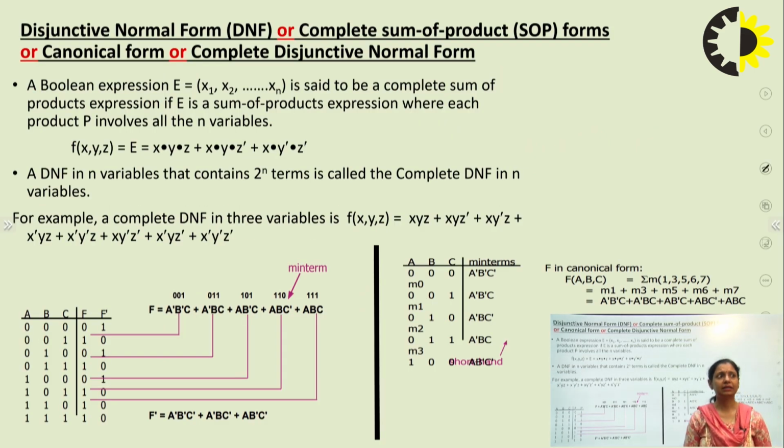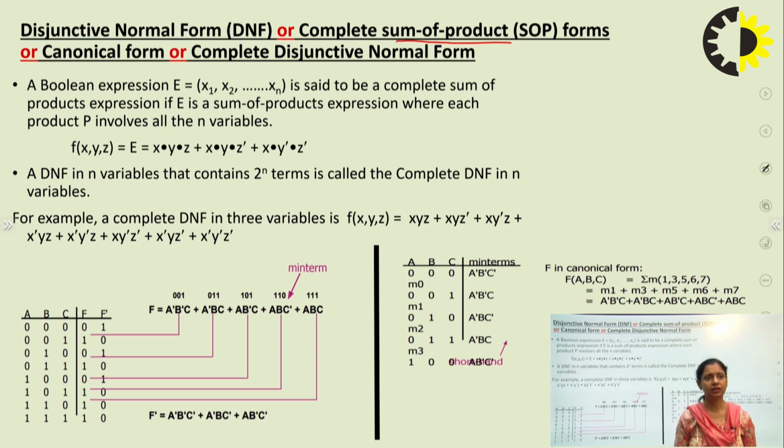The next thing that comes is the DNF form, or we call it a complete SOP, or the canonical form, or the complete disjunctive normal form. So when we are talking about the DNF or the SOP, this SOP is basically the sum of the product.